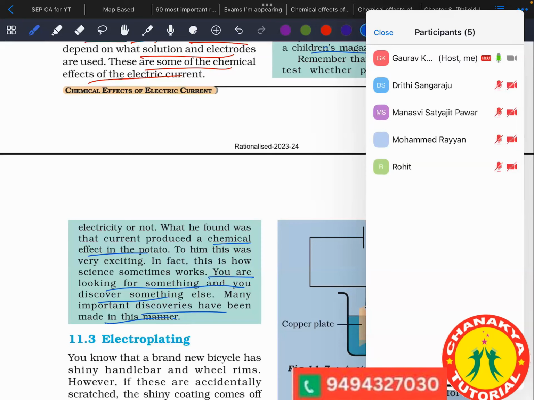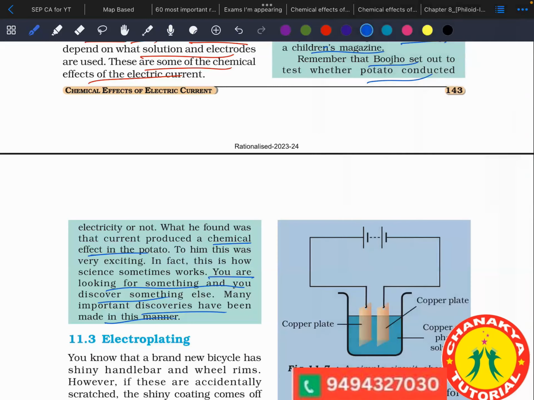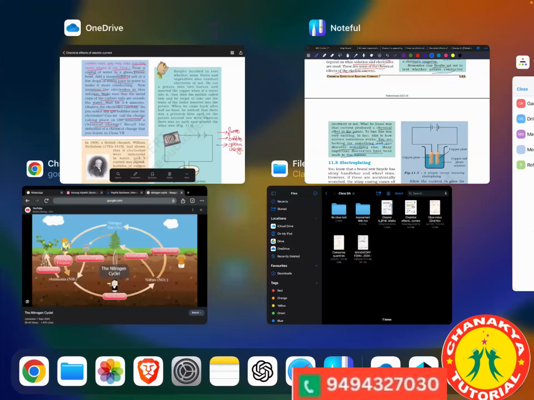But that may not be true in the case of a fruit, because a fruit is a solid thing, and if current is passing through a solid, it must have free ions to travel from one point to another. Okay, we can search for some kind of vegetables which allow electric current and which may not. Okay, let's do it.